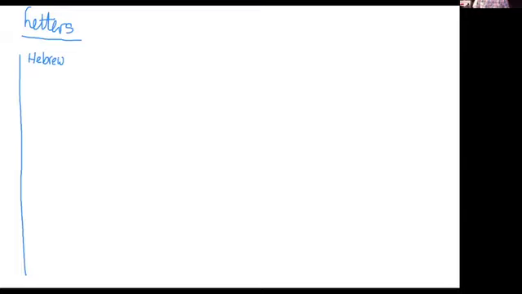So when you have the letters, it's best to make a column on your paper like this, and you do first the Hebrew, and then you have an interesting column, and that is called the transcription.